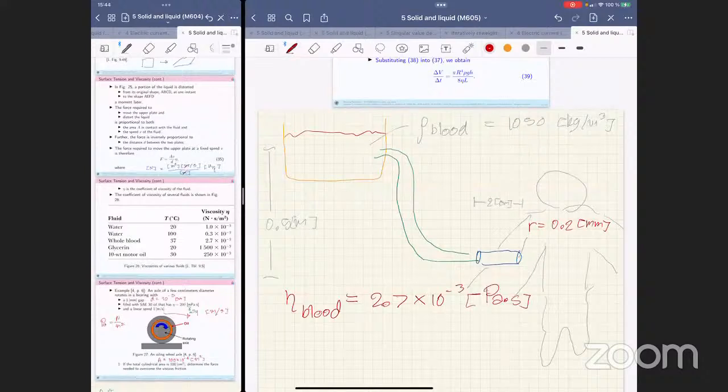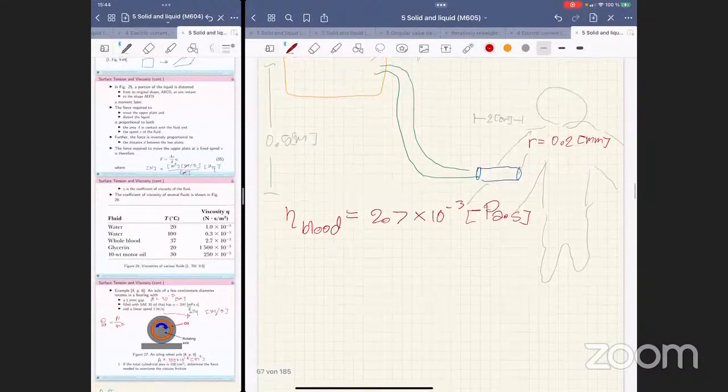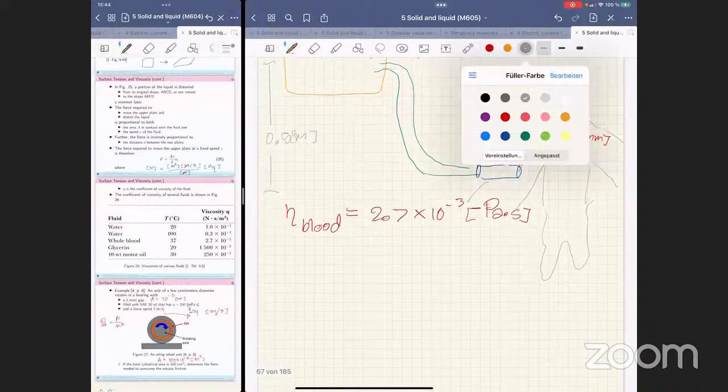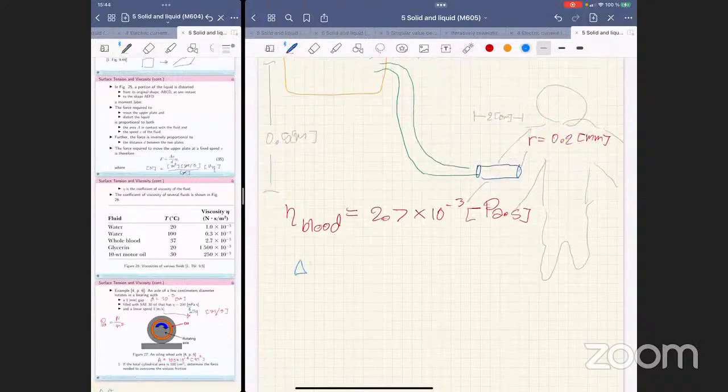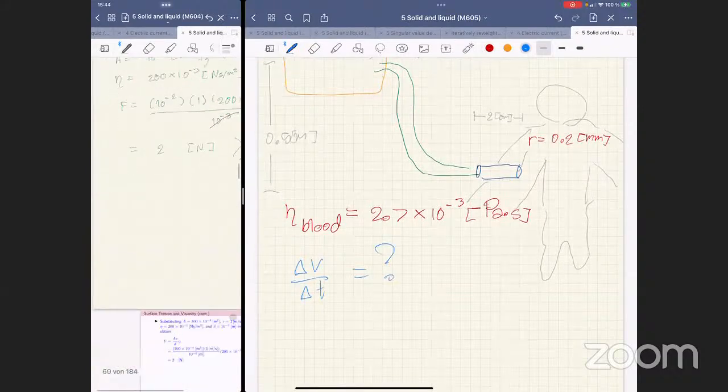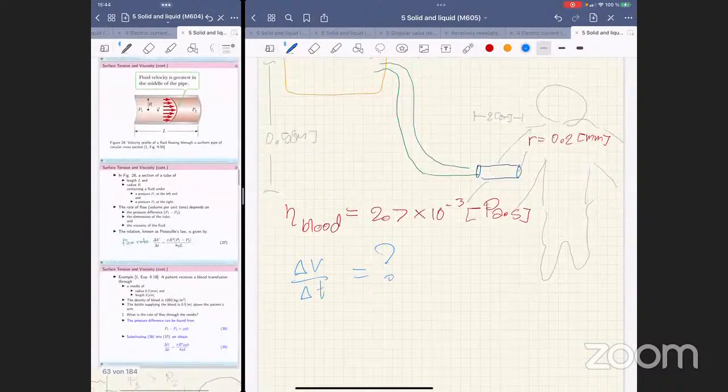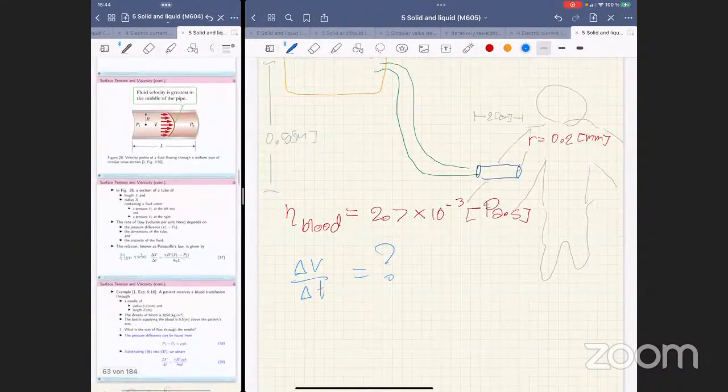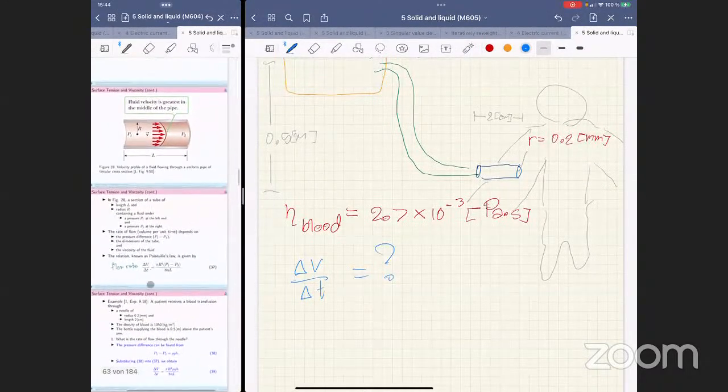And what they want to know is delta V. Oh, sorry, it's not velocity, it's capital V by delta T. What is that? We need to consult Poiseuille, the person who found this expression.